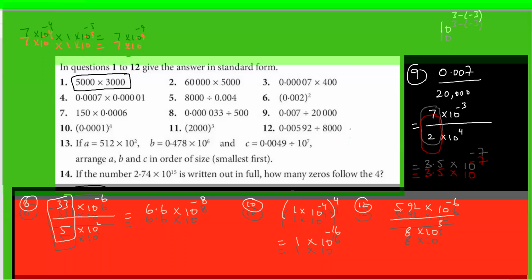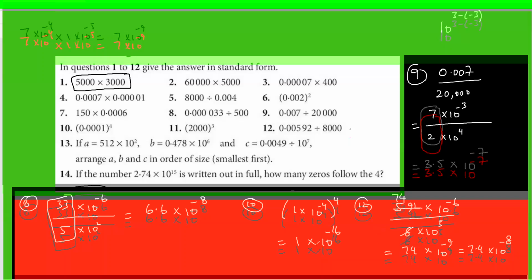I have kept this as 592 because I can cancel it out with 8 easily. 8 sevens are 56, 8 fours are 32. So this is 74 times 10 raised to power minus 9. And then this would become 7.4 into 10 raised to power minus 8. This is how you will be doing this 12th question.